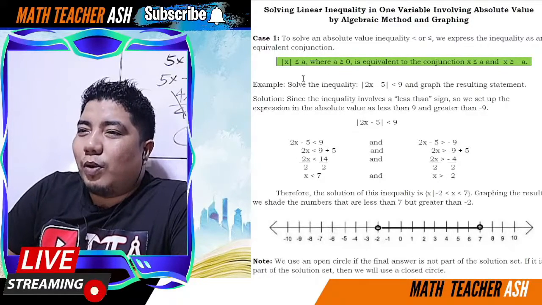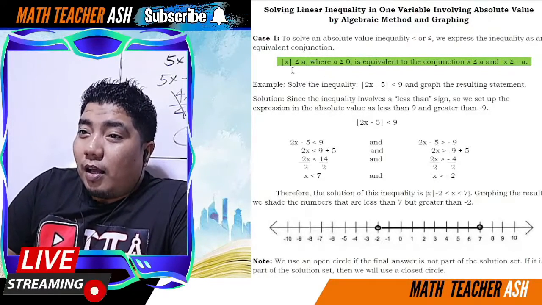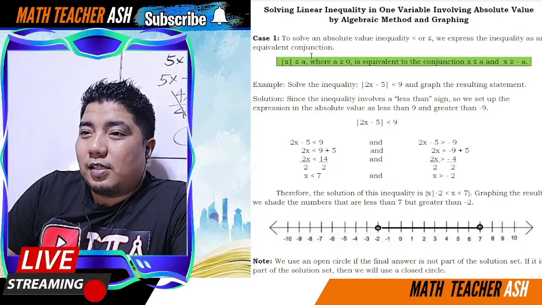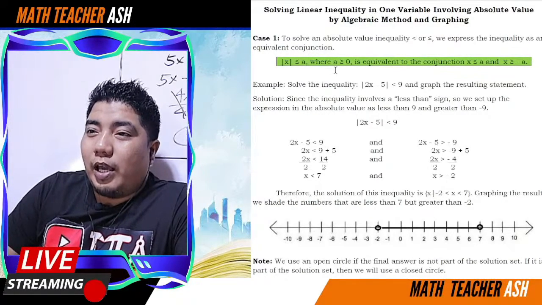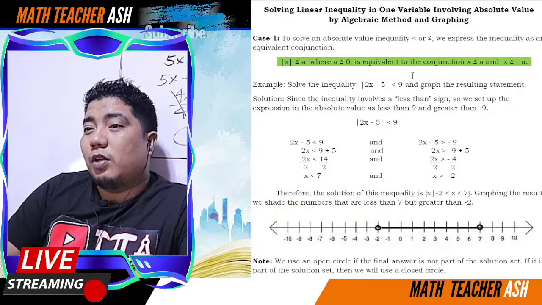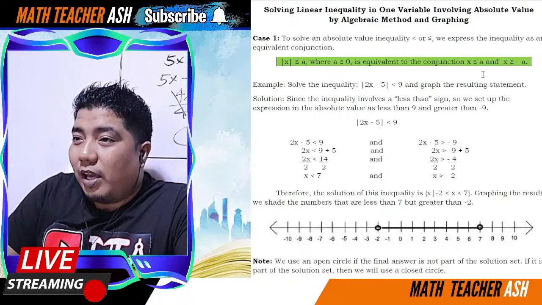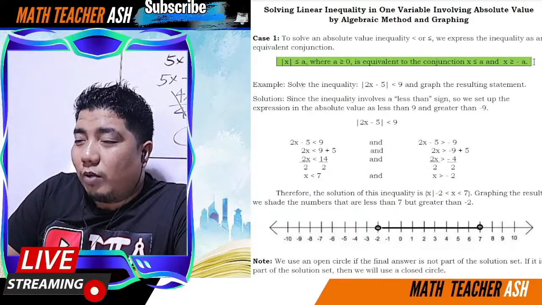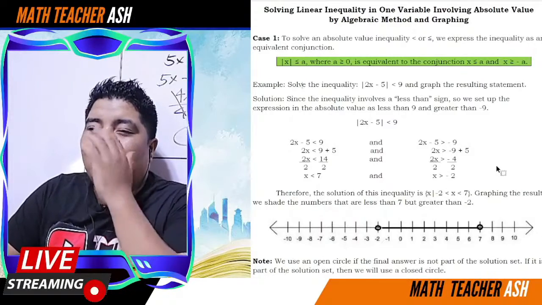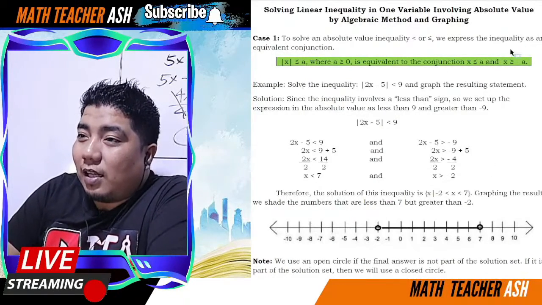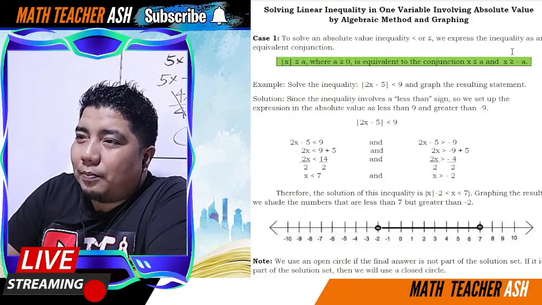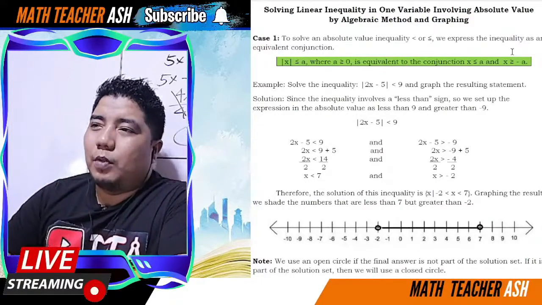So we have here the absolute value of x that is less than or equal to a, where a is greater than or equal to 0, is equivalent to the conjunction x is less than or equal to a and x is greater than or equal to negative a. Alright, so let us try this one. So as you can see, nakita nyo, opposite po ang kanilang operation. Okay?